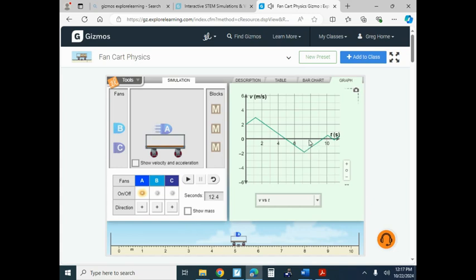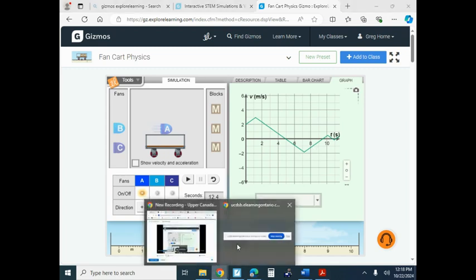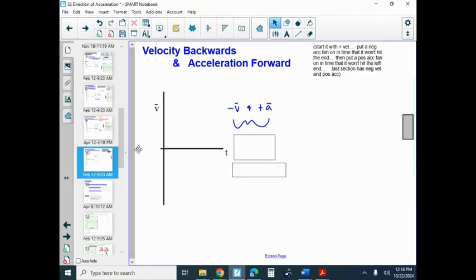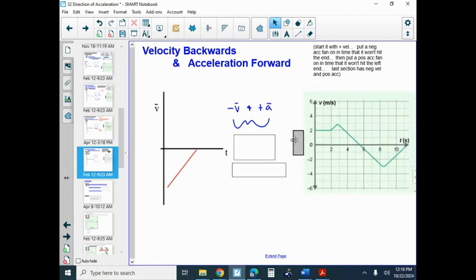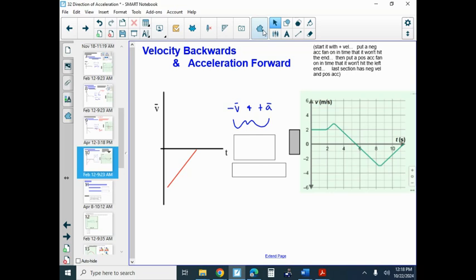This section right here was what was going on. It was going backwards, but it has a negative velocity and has a positive acceleration. Okay, so the graph that we ended up with was like this. It's this section here, this circle right here. We have negative velocity, we're in the negative velocity numbers here, but we have a positive slope.